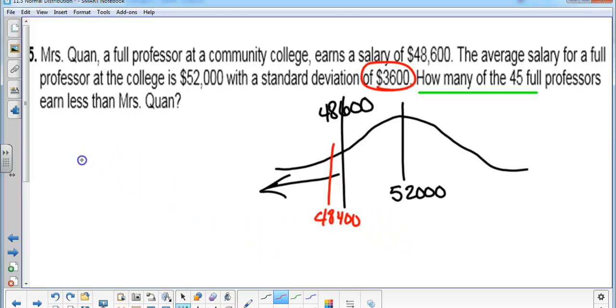Okay, which way do you want to do it? You want to find the z-score or not? If you don't find the normal, what are you going to use for your lower bound? You want to use $0? It'll work.